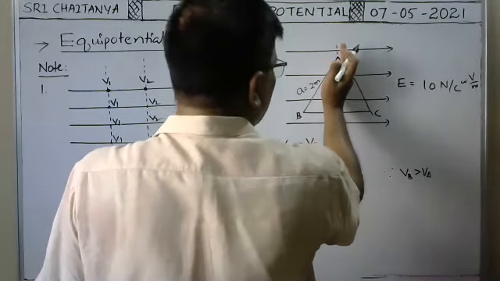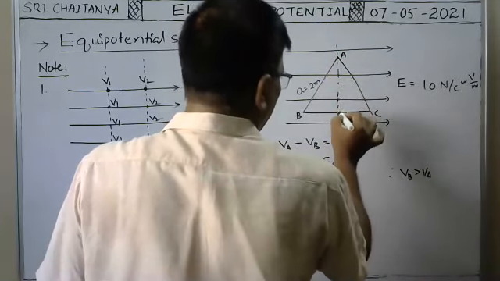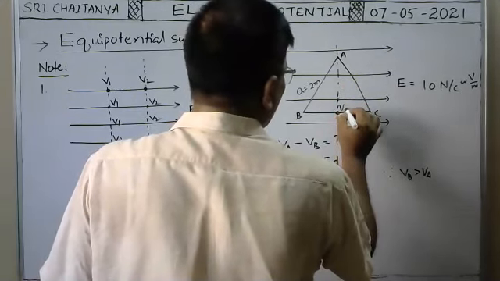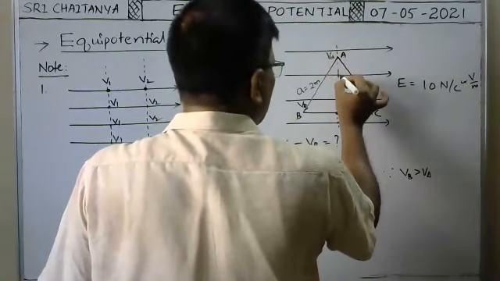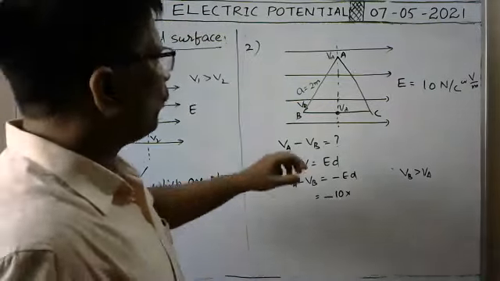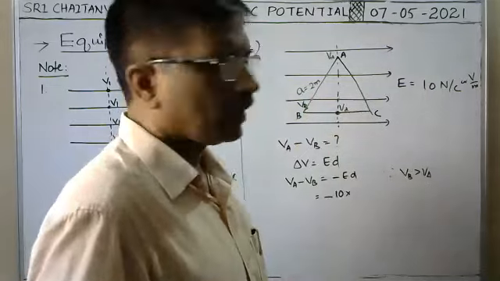As this equipotential surface is perpendicular to the lines of force, at this point, at this point, at everywhere potentials are the same. So here potential is VA only. Here potential is VB. At every point on this surface potential is VA. So if you find the potential difference between these 2 points or these 2 points, that is the same.